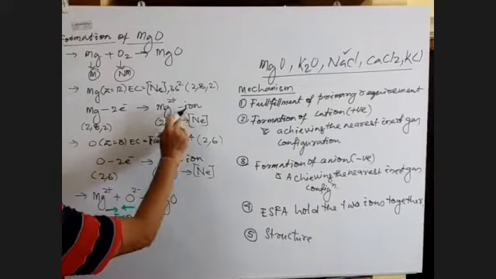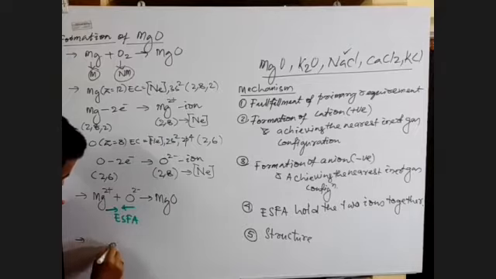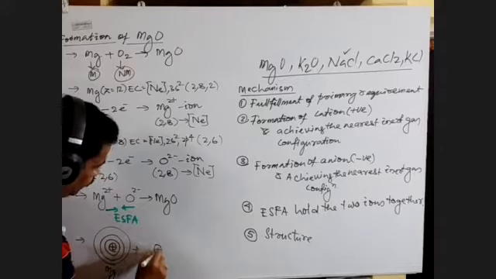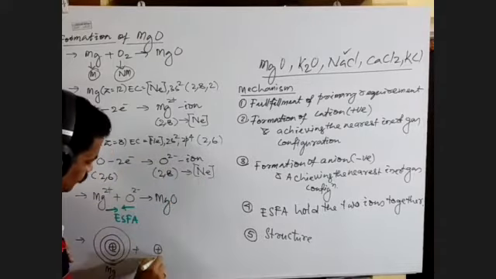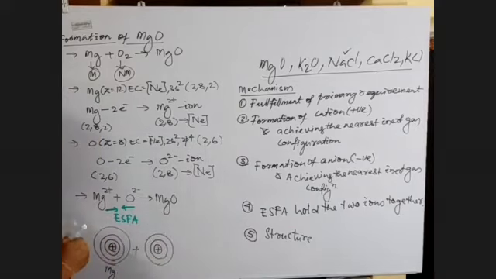Magnesium has how many shells? You take 3 shells. So nucleus, first shell, second shell, third shell. So this is our magnesium. Now, oxygen has only 2 shells, 1 and 2. So now draw the electrons which are present.